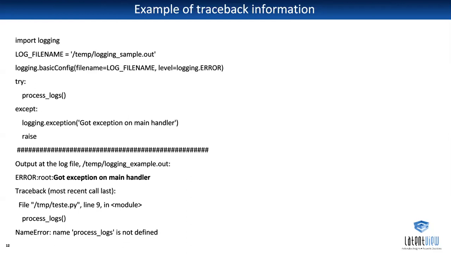Index error is more like a list: if the index is out of range, that will be captured in index error. Type error is when there is any data type mismatch. Import error is when the code is not able to import a particular package, then import error will be captured in the traceback information.